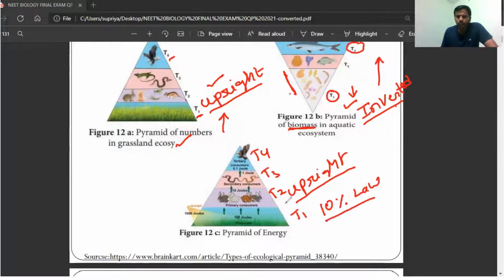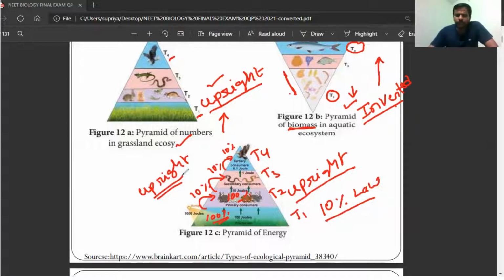It means from every trophic level, the energy flow will be 10%. If the first trophic level obtained 100%, only 10% passes on. Now this 10% is 100% for T2, and from here another 10% passes again. So the pyramid of energy in any ecosystem is also upright.